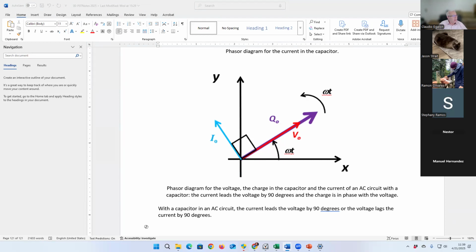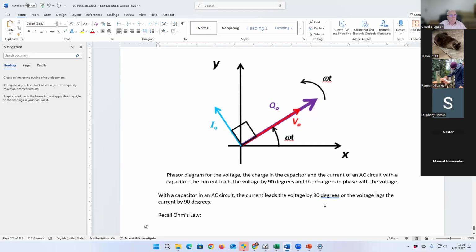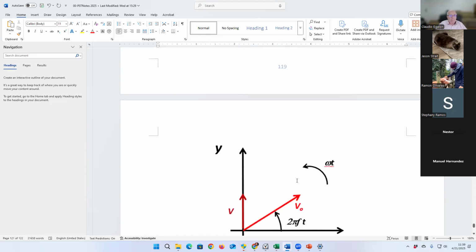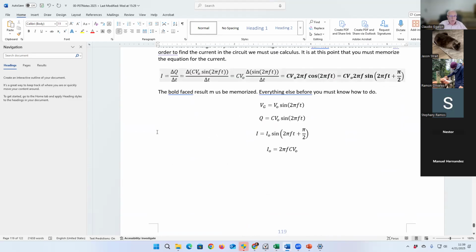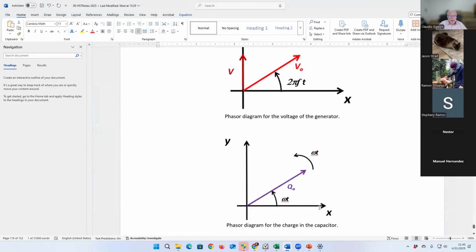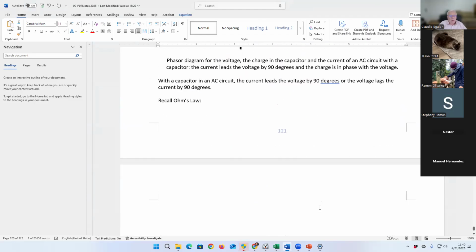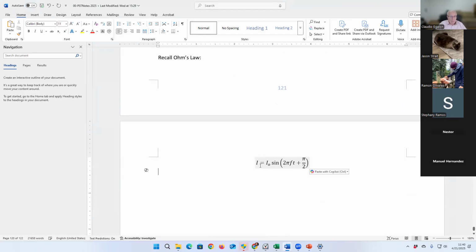Okay, one more thing. Recall Ohm's law, right? Ohm's law is what? V equal to Ri. Man, this pilot here gets in the way. V equal to Ri, right?